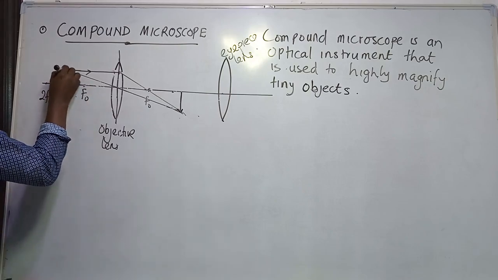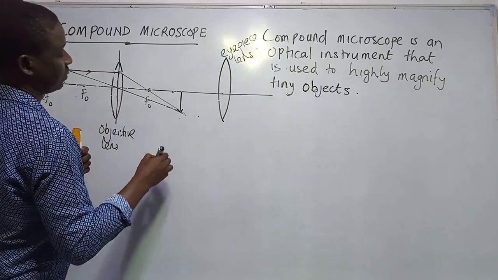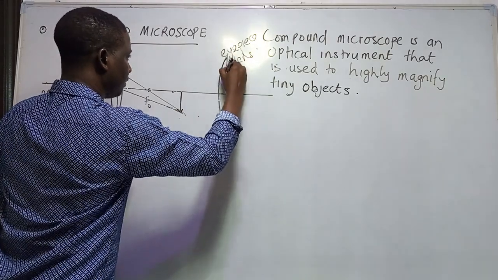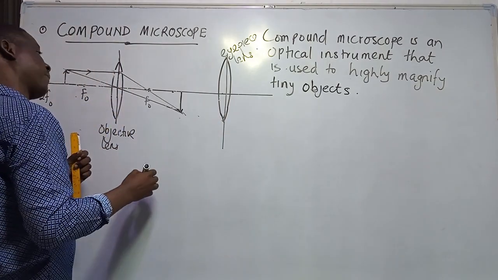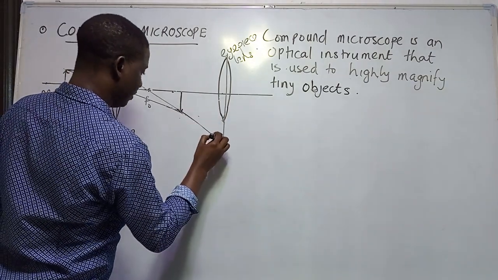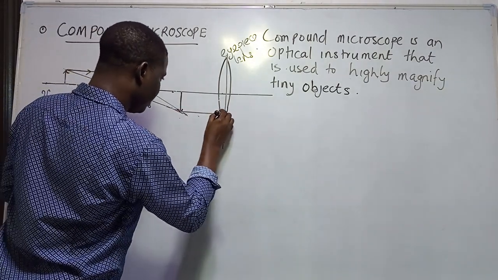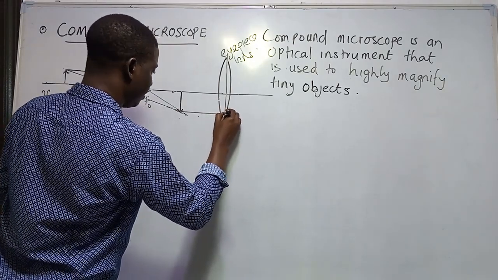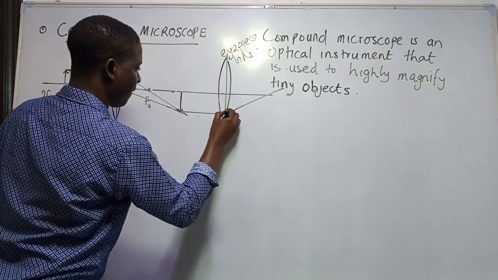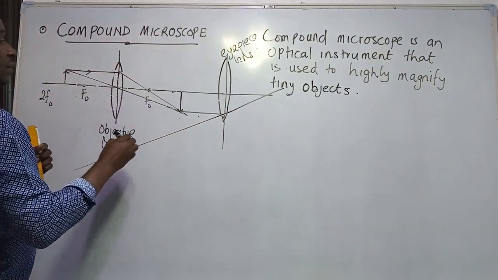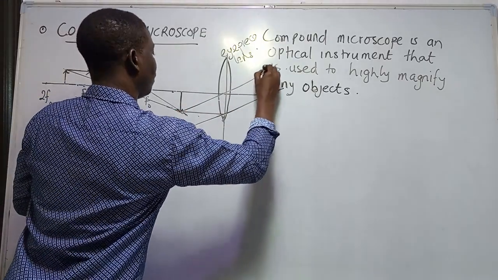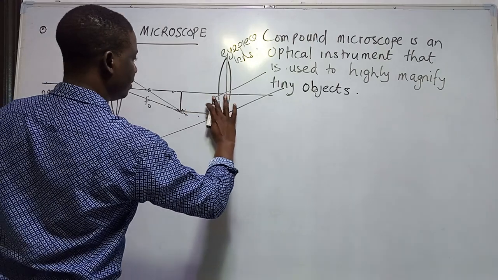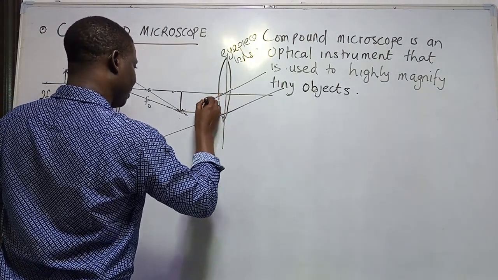So this is the object. Now let us indicate the optical center of the second lens, the eyepiece lens. This one will go like this, then one will go through the optical center.